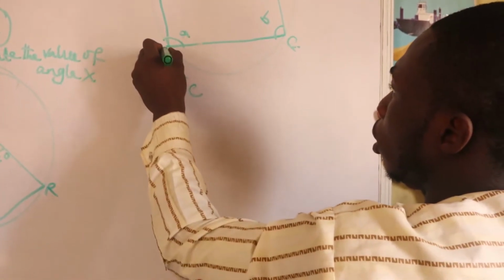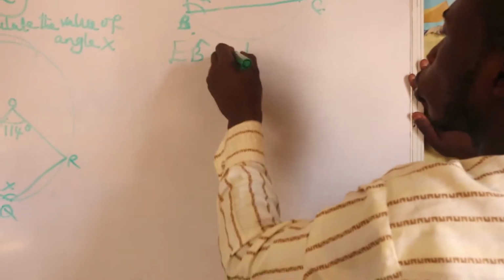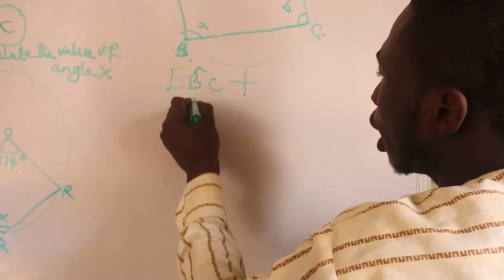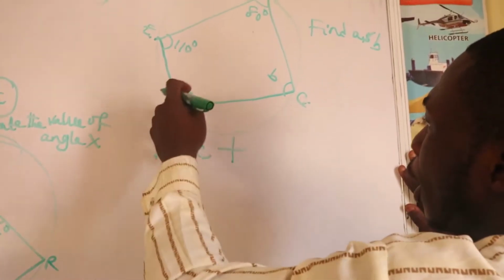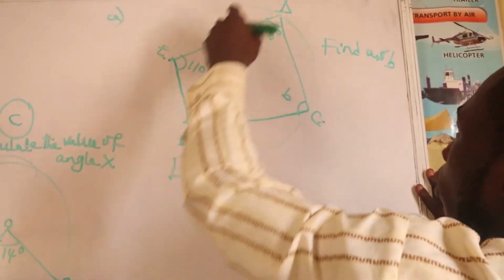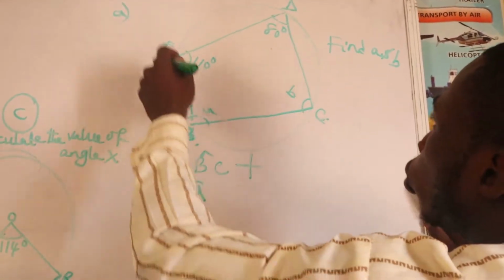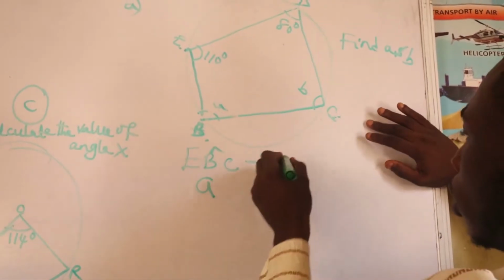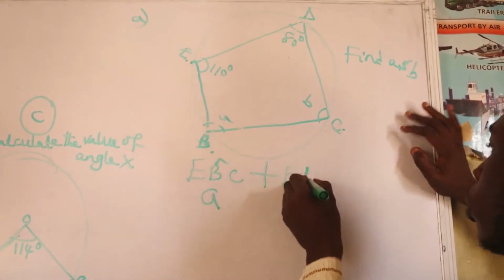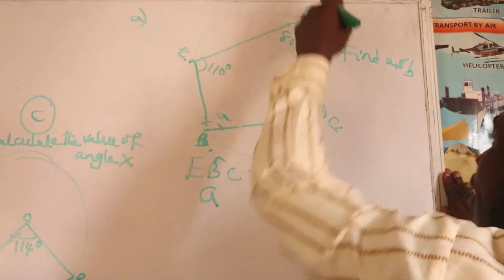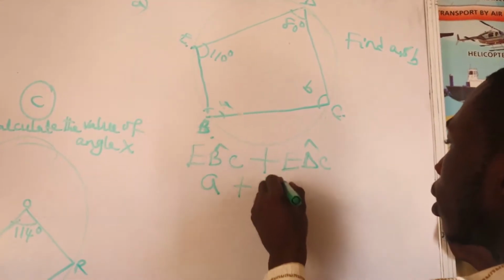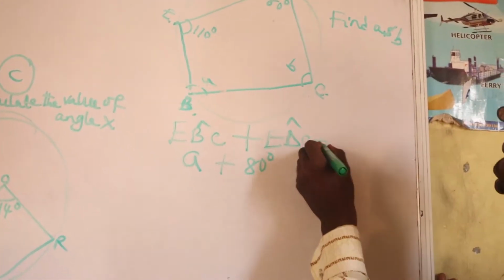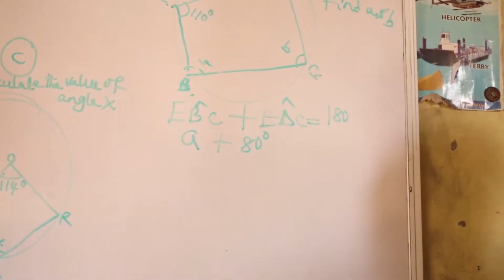EBC represents A. So you add EBC to this one here, because they are opposite to each other, to EDC. You add EBC to EDC, and the EDC is actually what? 80 degrees. So they add up to give you what? 180 degrees. Why?